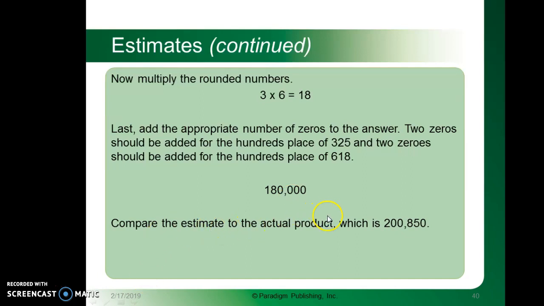Compare that to the actual product, which is 200,850, which is fairly close. Not that close, but again, this is an estimate, and it's only to show that we're close enough to the answer. So if we get something less than 180,000, we know that we did something wrong, basically.